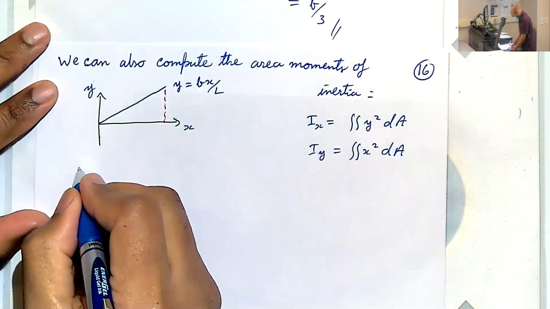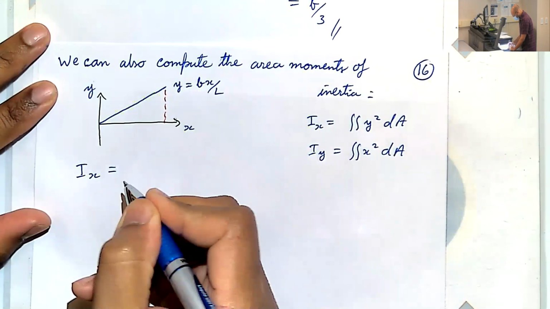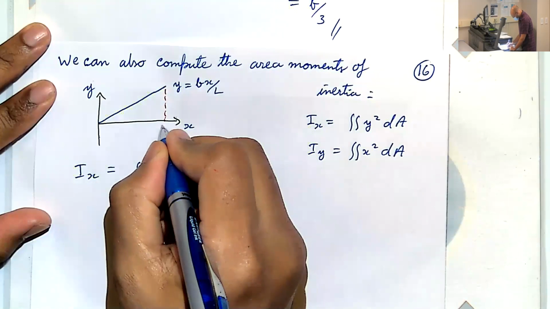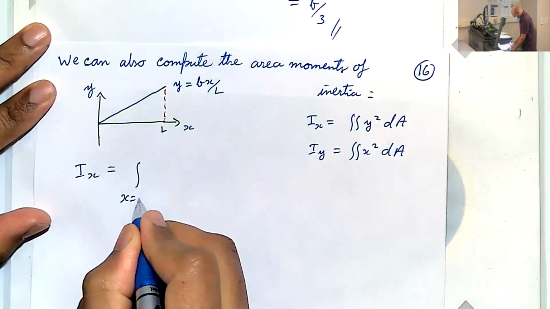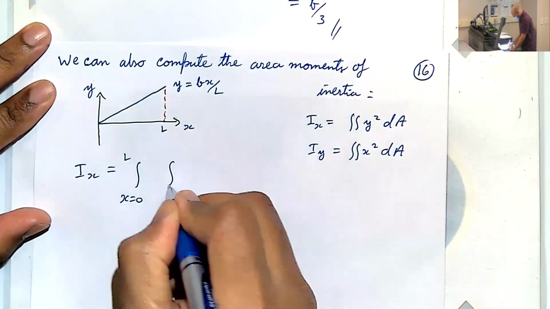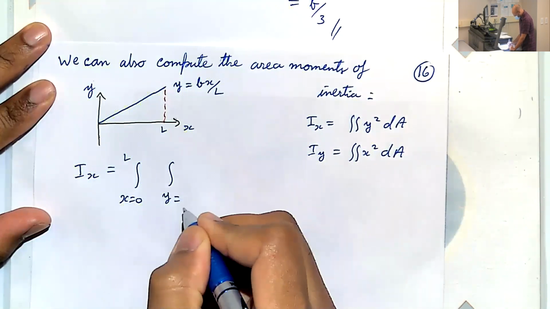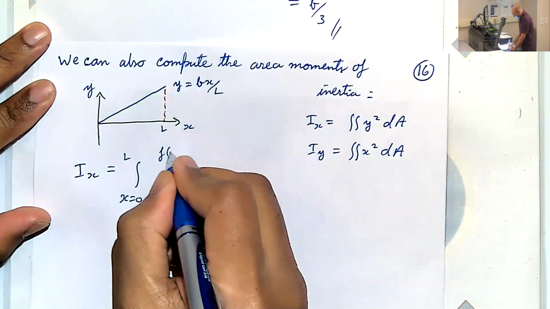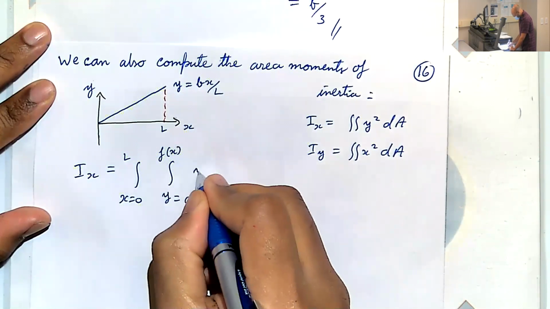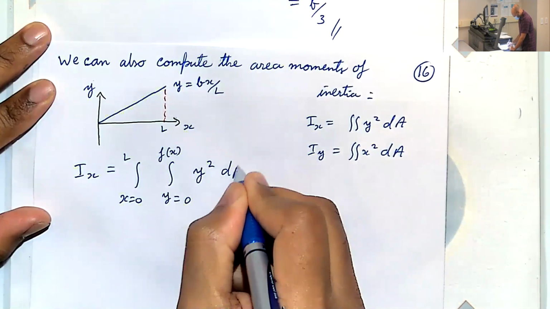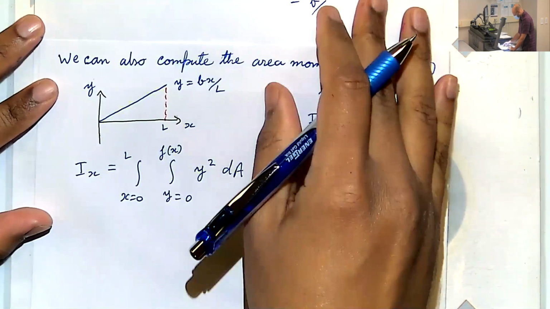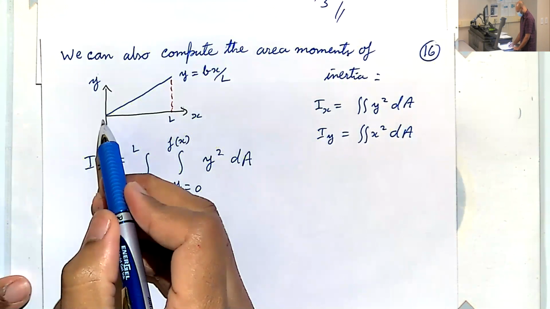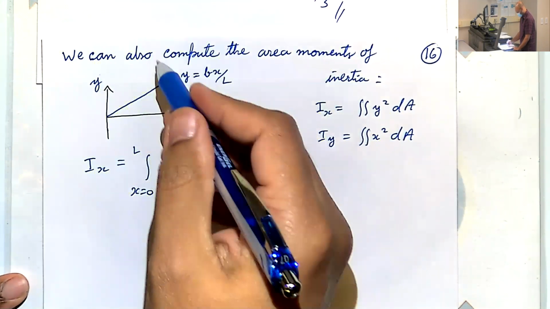Okay, Ix becomes... I just put down the limits. X goes from 0 to L, y goes from 0 to f of x. What do I do next?